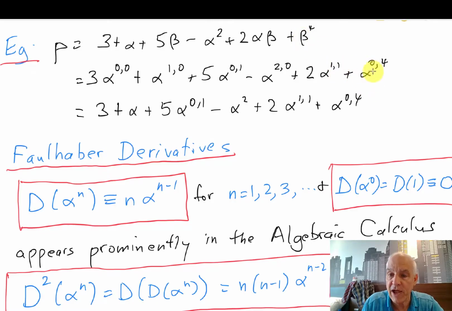This beta to the fourth is alpha 0 comma 4. And then we could become a little bit more concise and remove this alpha 0 comma 0, just replace it with a 1, so this becomes 3. This thing here is just alpha, and alpha squared is that. So we could write it a little bit more succinctly.